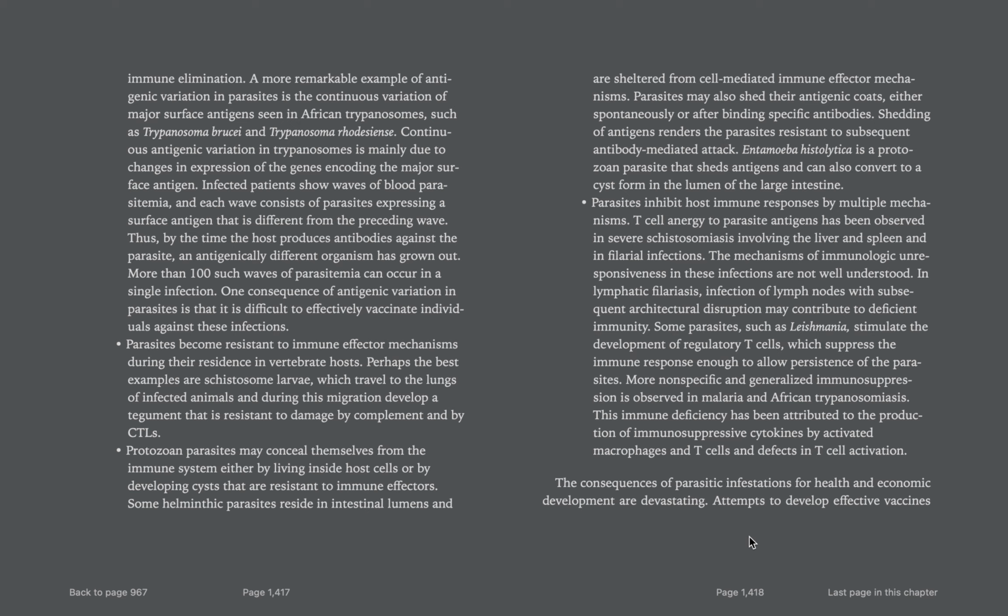In lymphatic filariasis, infection of lymph nodes with subsequent architectural disruption may contribute to the immune deficiency. Some parasites, such as Leishmania, stimulate development of regulatory T cells, which suppress the immune response enough to allow persistence of parasites.